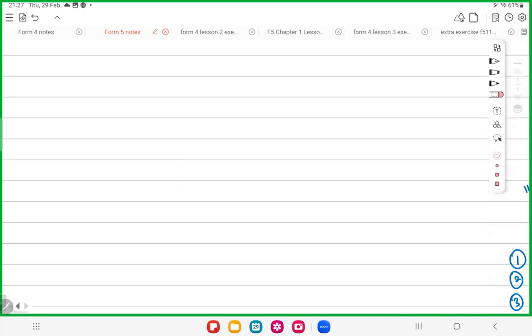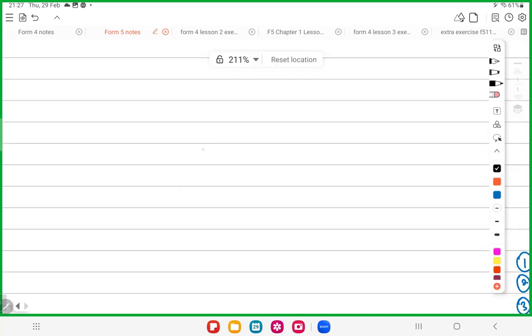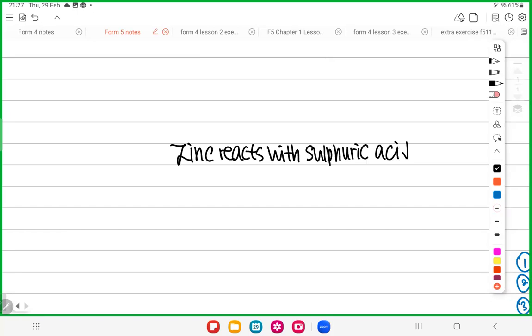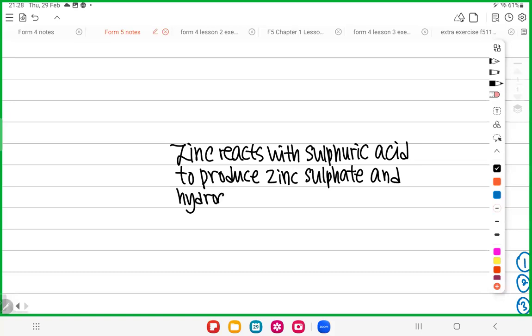So let's say I make it like this. Zinc reacts with sulfuric acid in order to produce zinc sulfate and hydrogen. Okay, so let's do it.